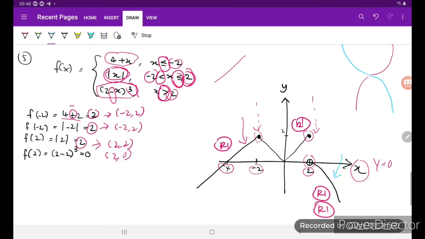Now you already get your graph. Okay, so this is your graph.